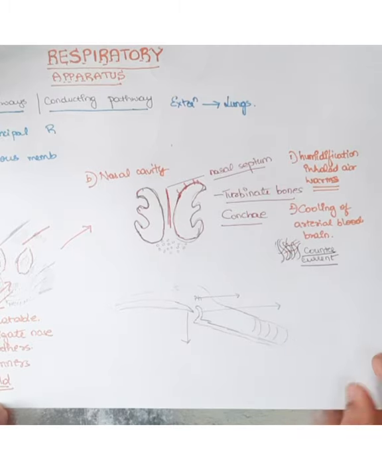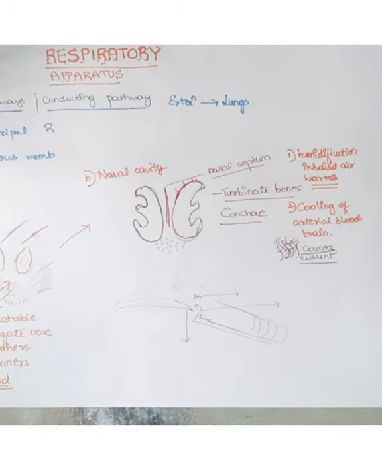It can be seen just below the circle of Willis where there is the carotid rete or rete mirabile, where there is heat exchange between the arterial and the venous blood through the counter current heat exchange process.